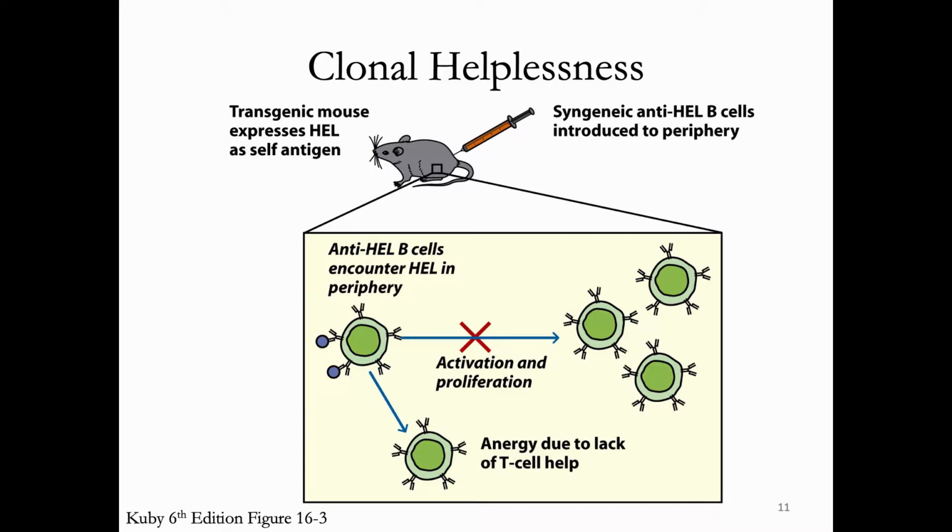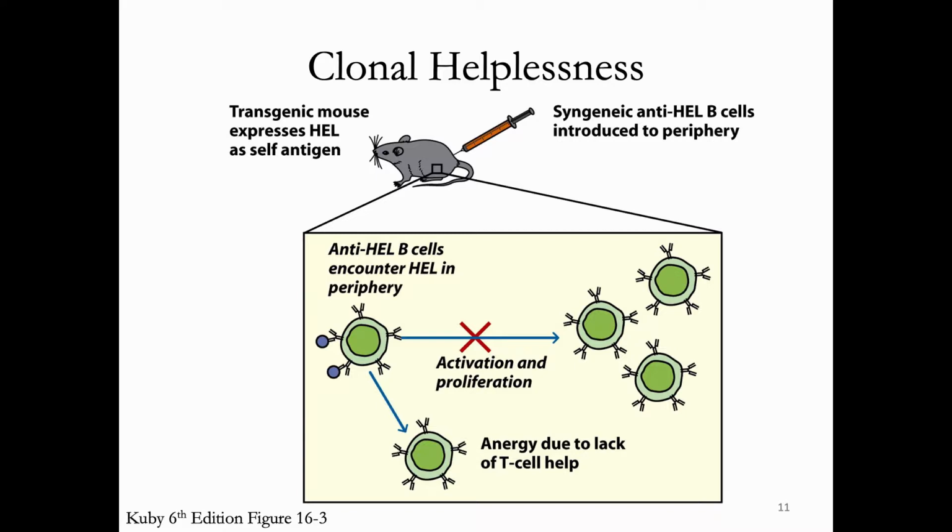Your B cells all need T cell help, but your B cells are not tested against many self-antigens that are not present in the bone marrow. Fortunately, the T cells get tested against those antigens, and we delete the T cells that respond to those antigens. So those B cells have no partner to help them. The T cells all got deleted in the thymus, so the B cell might go into the periphery.